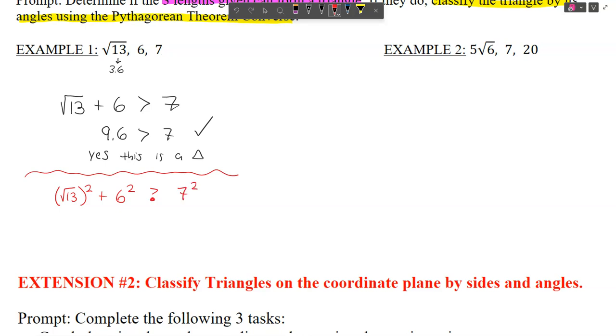Root 13 squared is 13, 6 squared is 36, 7 squared is 49. 13 plus 36 is 49, and 49 equals 49. Since those are equal, the Pythagorean theorem converse says this is a right triangle. That's it.